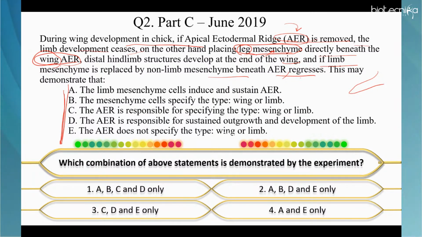So you have to find out, based on this experiment, which of the above statements are demonstrated. Okay, it need not be which statements are correct, but based on this experiment you have to conclude which of the above demonstrations would be correct. So which combination of the above statements is demonstrated? Yes. Do we have any guesses here?